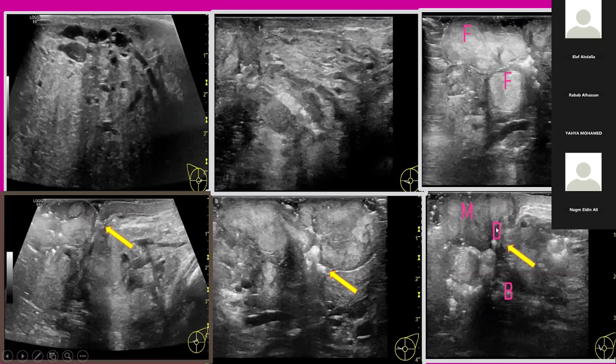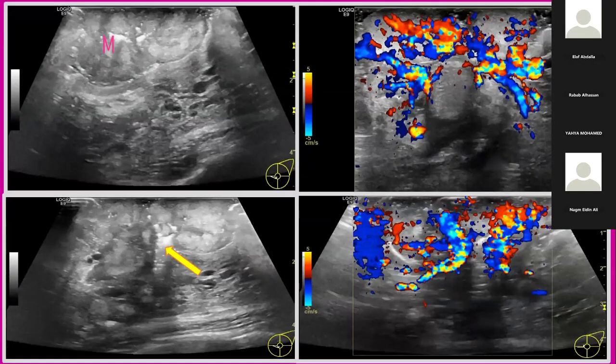Here, this is the mass, and here, that is the defect. Again, here, this is the mass outside the skin, and at this area there is a defect, and there is continuation between the mass and the intramammary tissue.